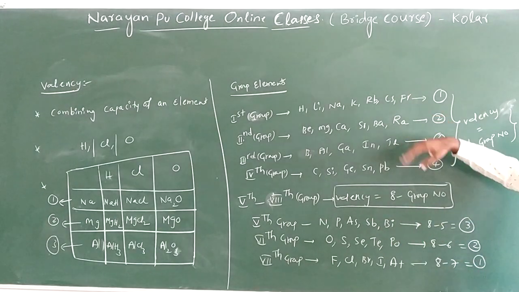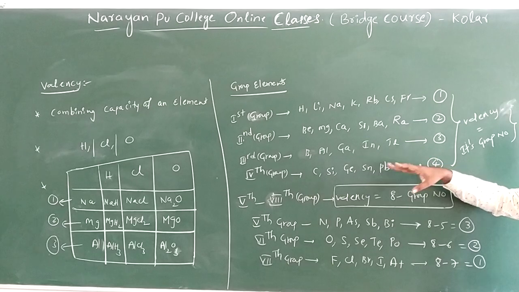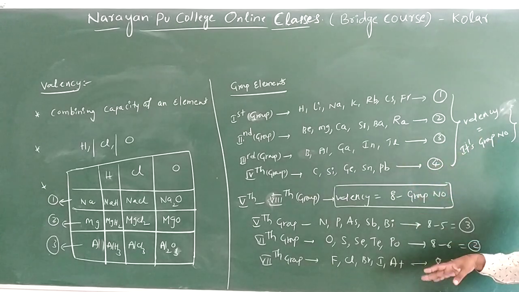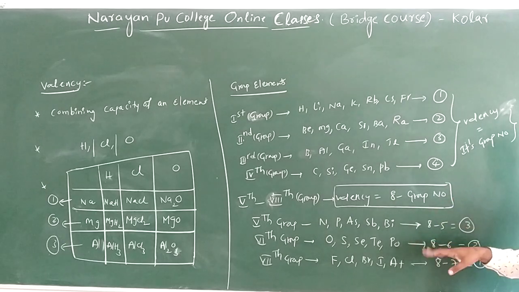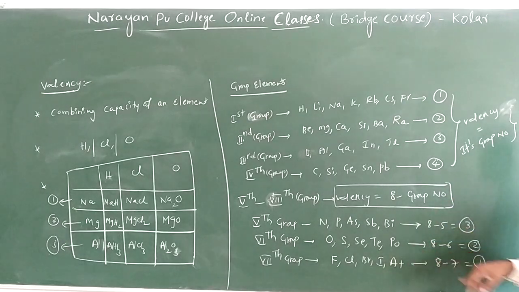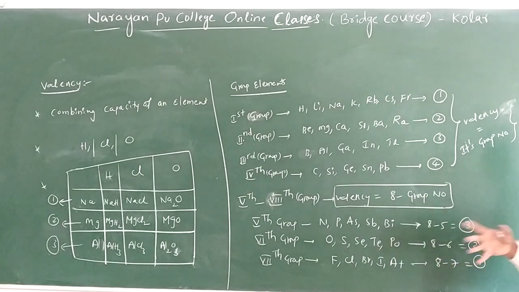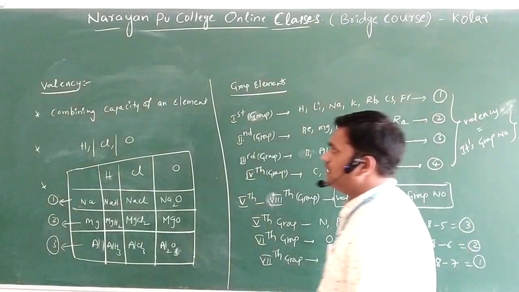Means first group valency 1, second group valency 2, third group valency 3, fourth group valency 4, fifth group valency 3, sixth group valency 2, seventh group valency 1, and eighth group valency 0. If you know this concept, it is very easy to write the formula.